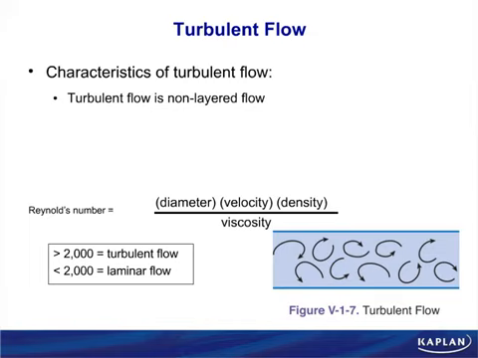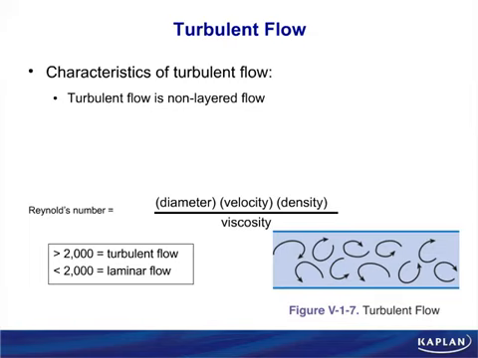I really wouldn't worry about density of blood changing. It's not something that typically occurs. So again, big diameter, high velocity, more likely to have turbulence. High viscosity, less likely to have turbulence. Or stated another way, low viscosity, like anemia, is going to enhance the likelihood of turbulence.